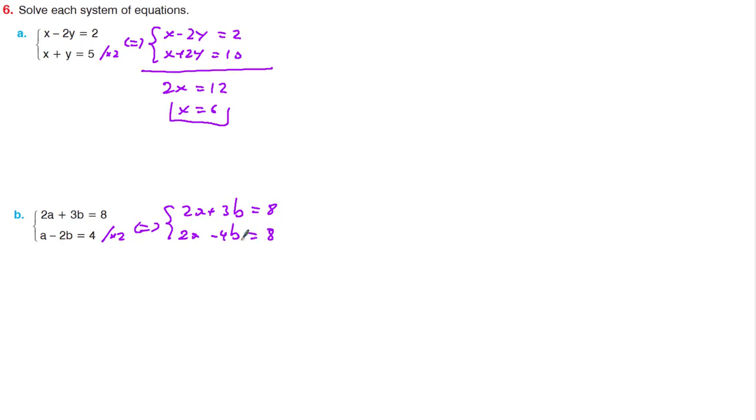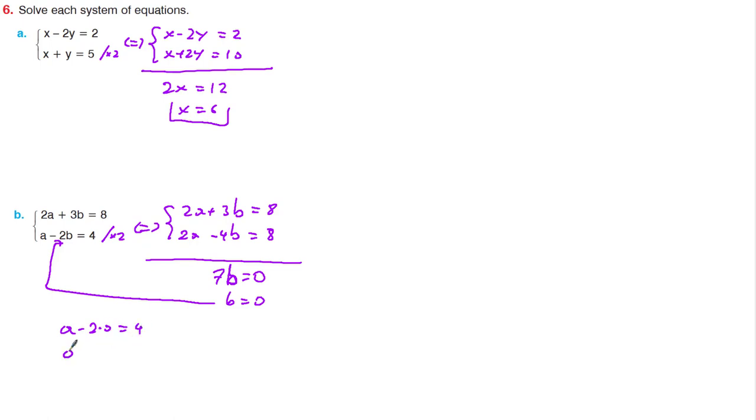Now you can clearly see we don't have opposite terms, but instead of adding, we can subtract them side by side. 2a minus 2a is 0, 3b minus negative 4b, that's 7b. 7b is equal to 8 minus 8, 0, which makes b 0. If b is 0, we can substitute wherever, but I think it would be better if you substitute here, and you get a minus 2 times 0, it's 4, which makes a 4.